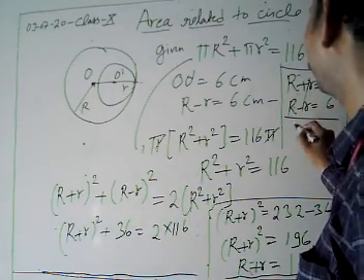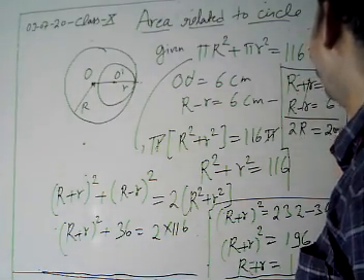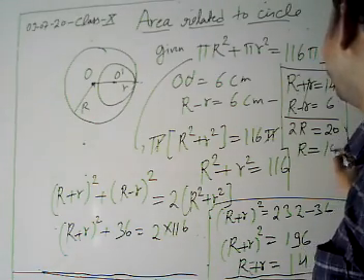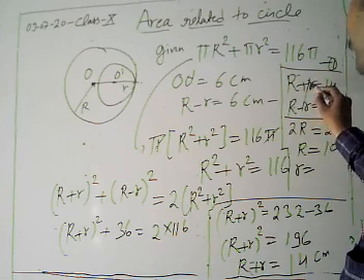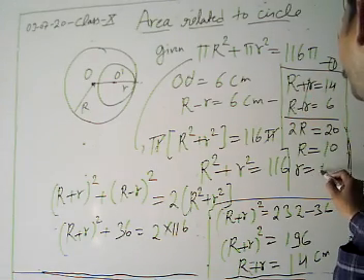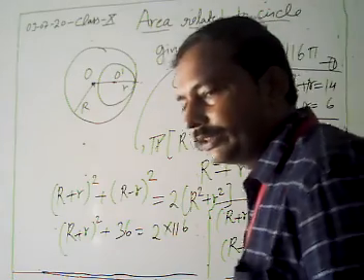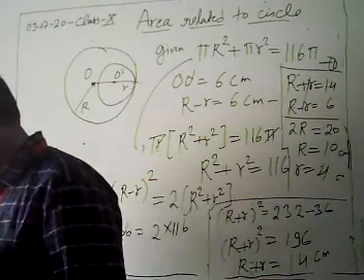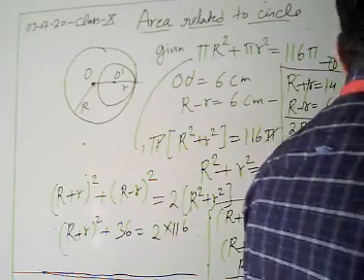Using elimination, the value of 2R is 20, then capital R is 10. Then small r is what? 10 plus r is 14, then r is 4. Now we get the values of the radii: 10 centimeter and 4 centimeter.